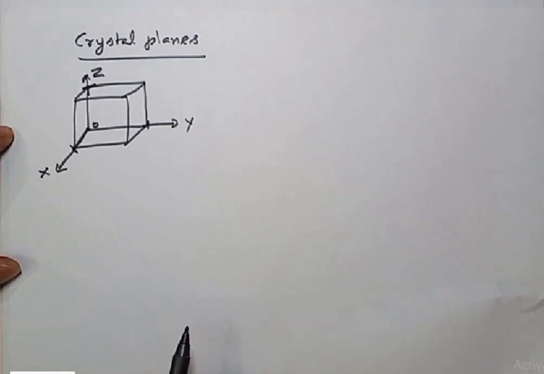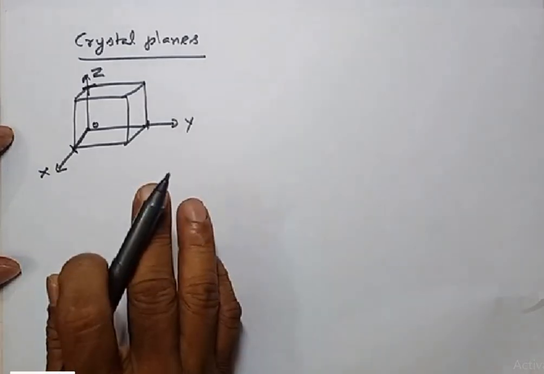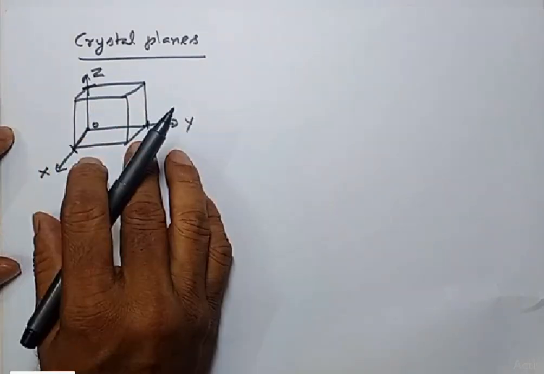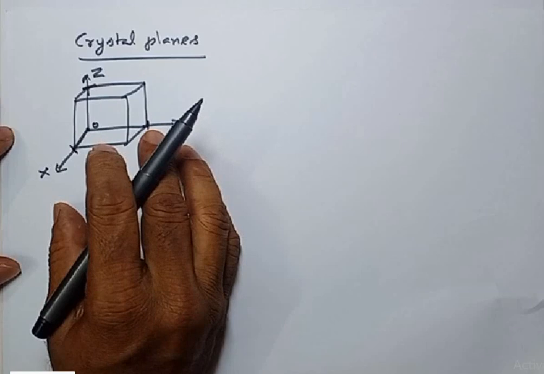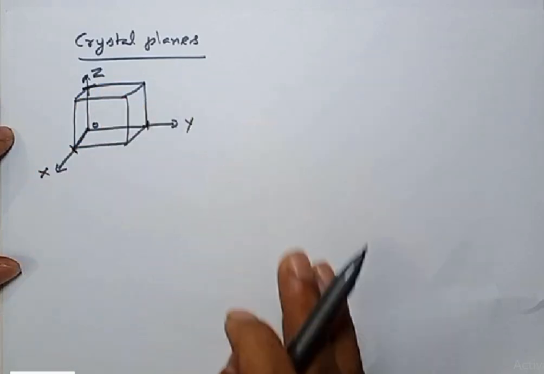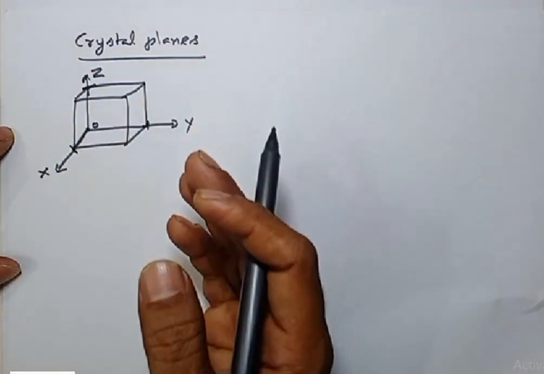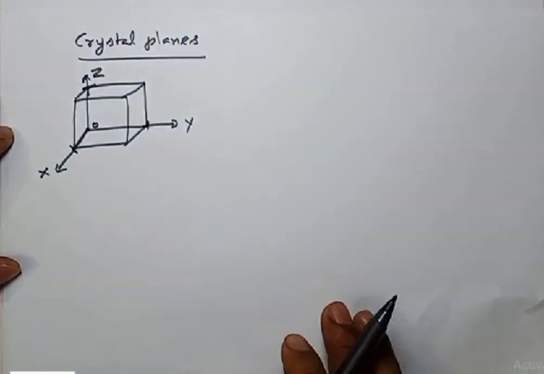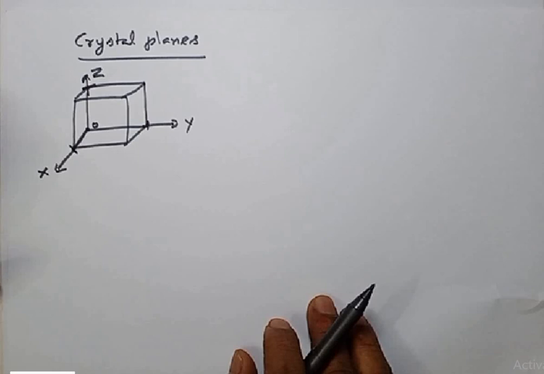Now what I'm going to do is take some plane in a unit cell and try to find out what intercepts are present. Once you know the intercepts, you can find the corresponding Miller indices for the planes. Observe carefully.